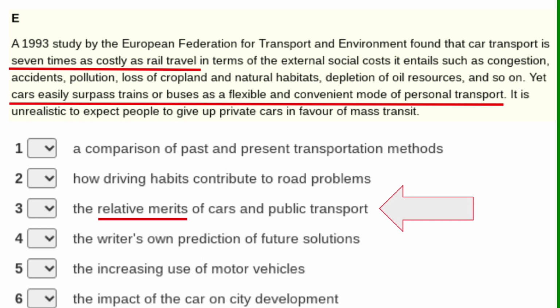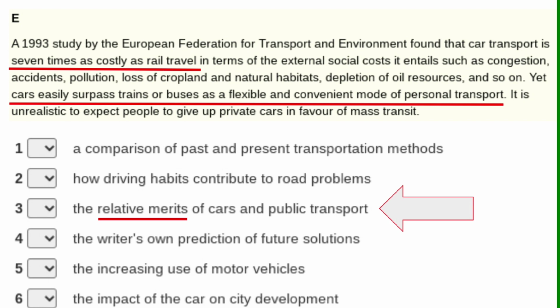So you can see that in this paragraph we have 2 comparisons between cars and public transport. The first one saying cars are more costly than rail travel, and the second one saying that cars are more convenient than public transport.